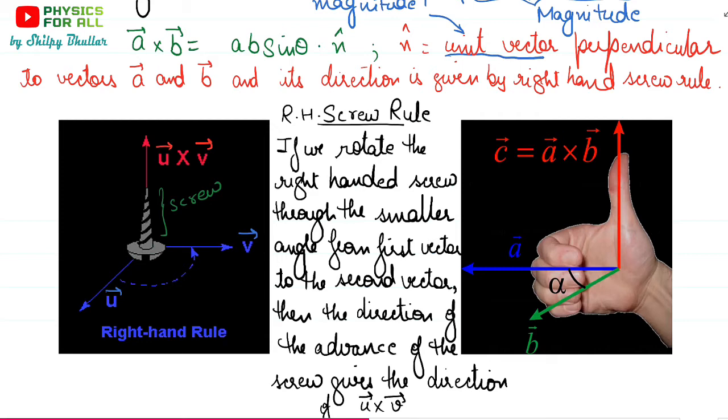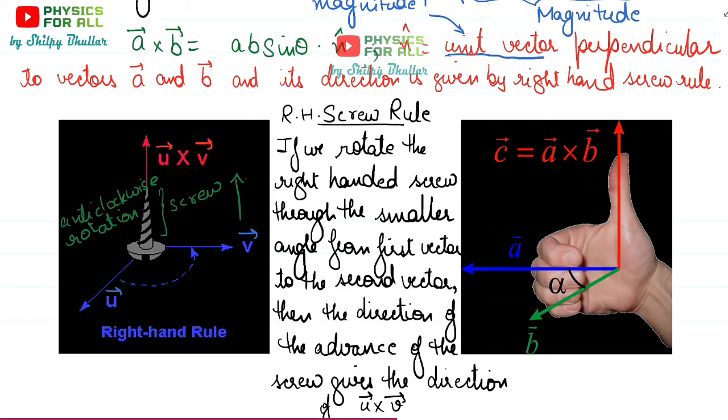And now when you start rotating it anti-clockwise, basically this direction being shown is anti-clockwise, what happens? With anti-clockwise rotation, the screw starts moving upwards.